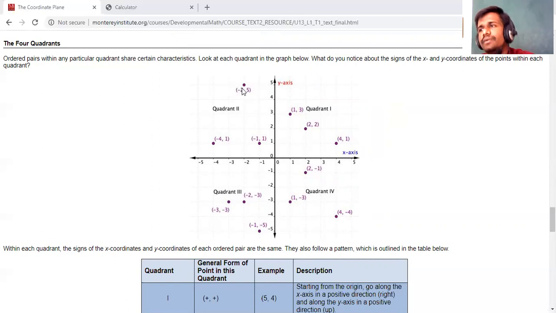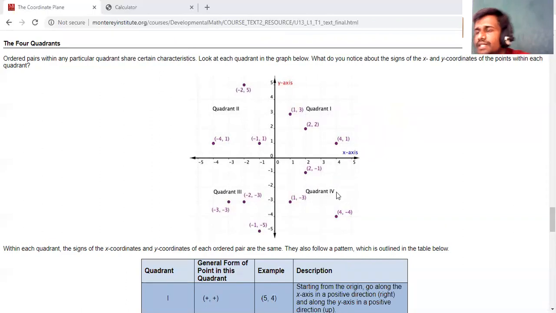Like that we locate the point on graph paper. One more on the fourth quadrant: (1, -3). Where is 1? Here, on the positive x-axis. Where is -3? On the negative y-axis. The intersection point (1, -3) is a point in the fourth quadrant.